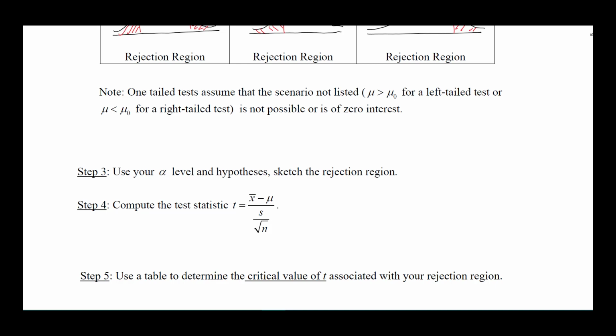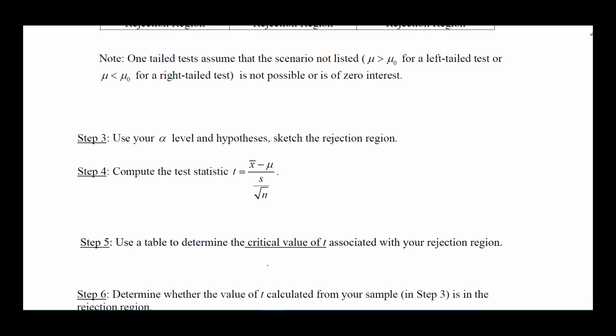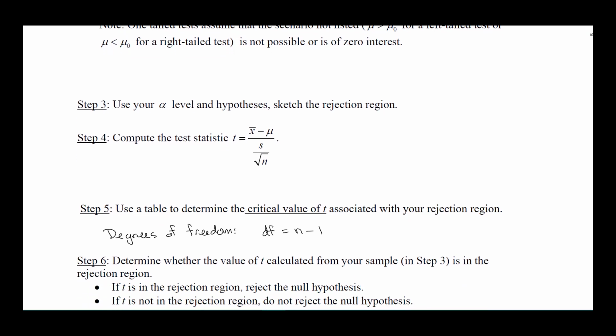And when we use the table, remember we need to take into account the degrees of freedom, which we abbreviate df. We use that when we get the critical value from the table.